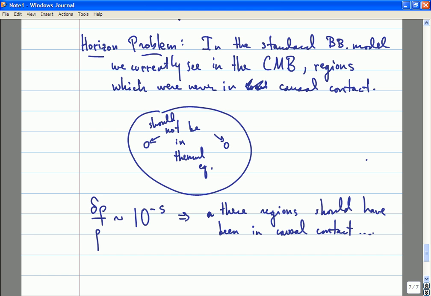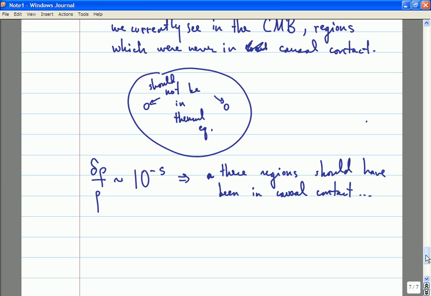And the proposed resolution to this problem is known as inflation. And inflation is the statement that at very early times, namely pre-Big Bang nucleosynthesis, the universe expanded exponentially.